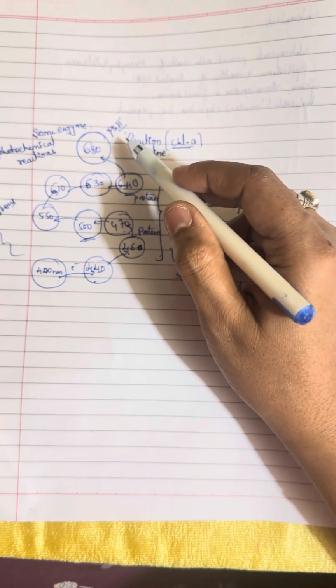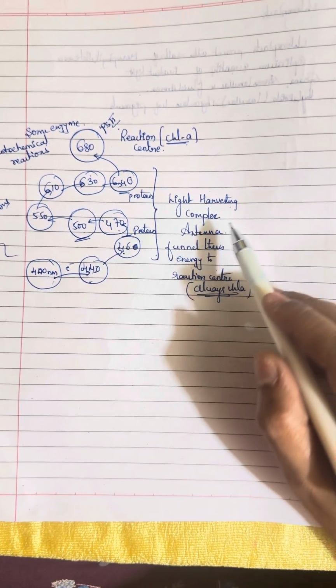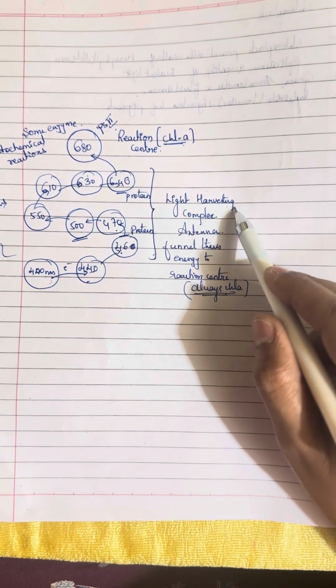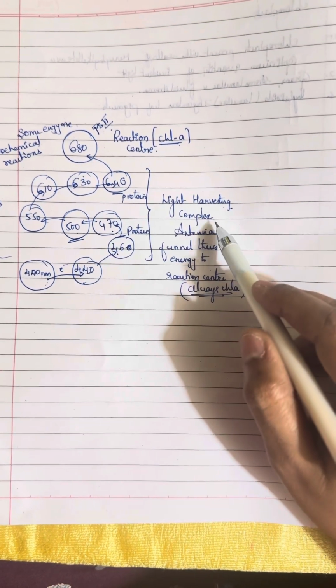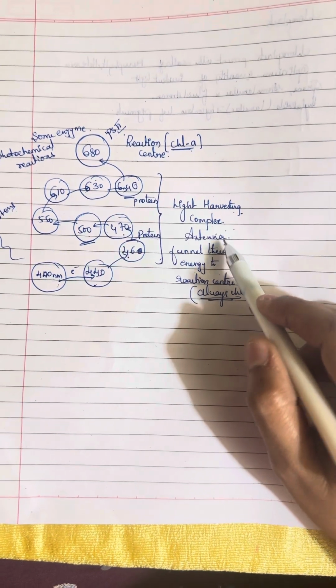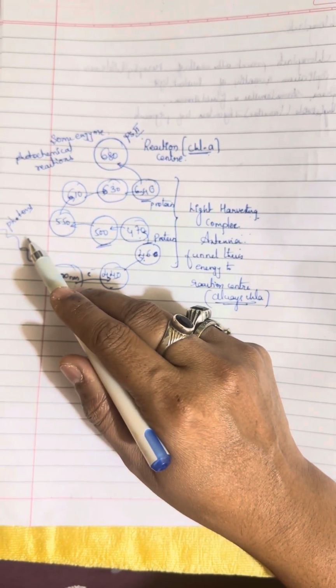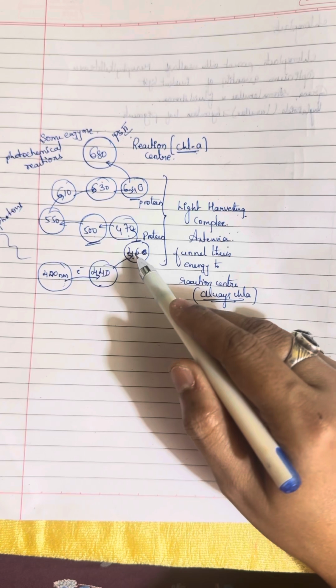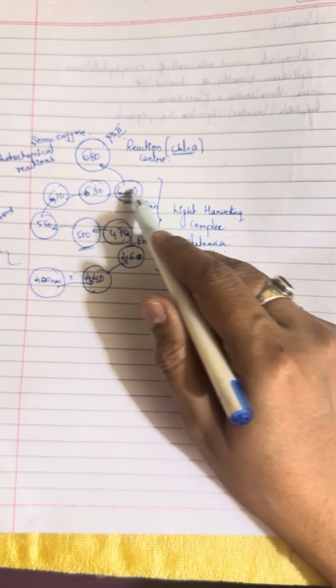Why do we call it photosystem 2? Because it contains light-harvesting complexes like carotenoids, xanthophyll and chlorophyll B, which we also call the antenna, because they accept the photons and pass the electron energy to the other systems.